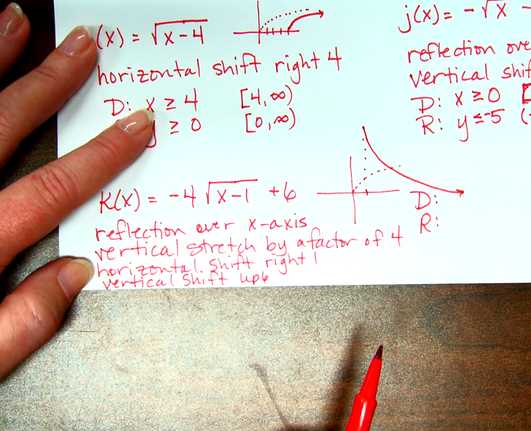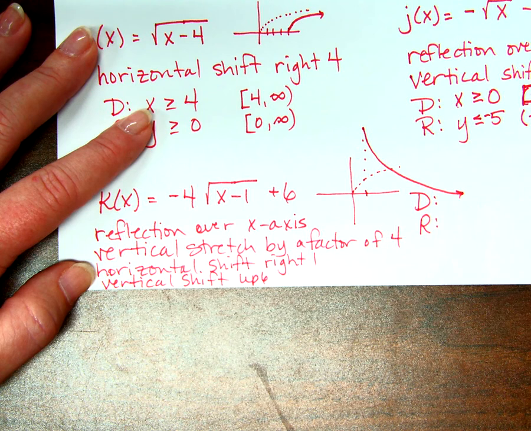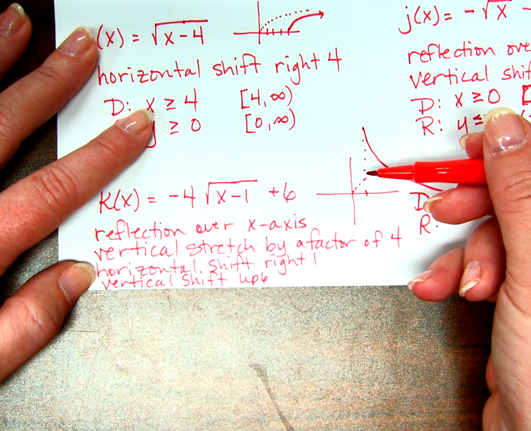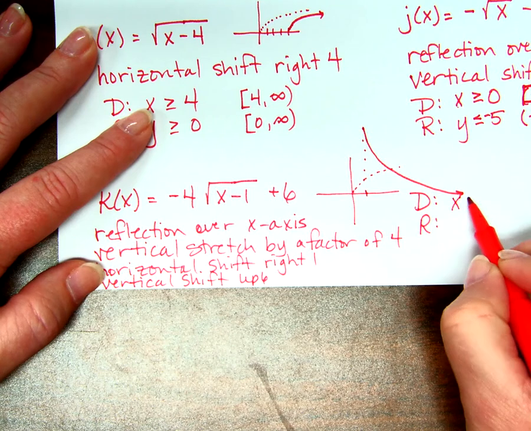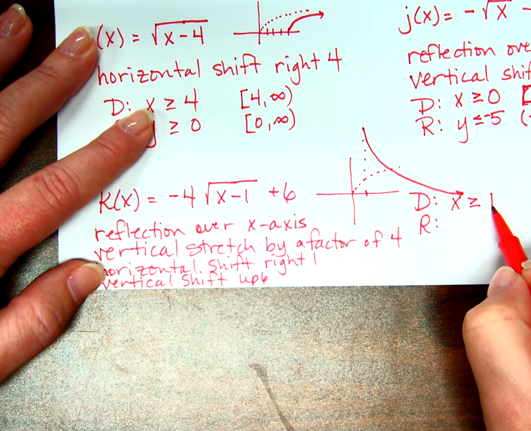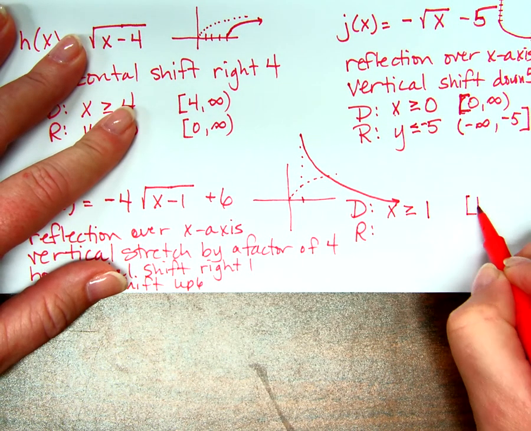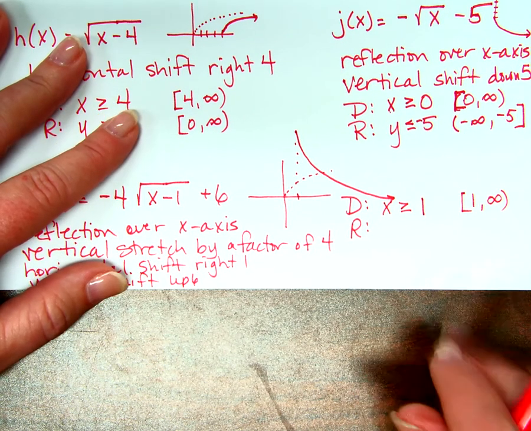Right? So what's my domain? How far left does it go? To 1. How far right does it go? So x is greater than or equal to 1. Or 1 to infinity. Yes? What about the range?